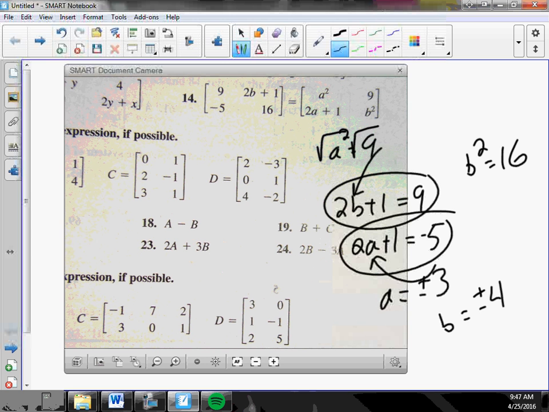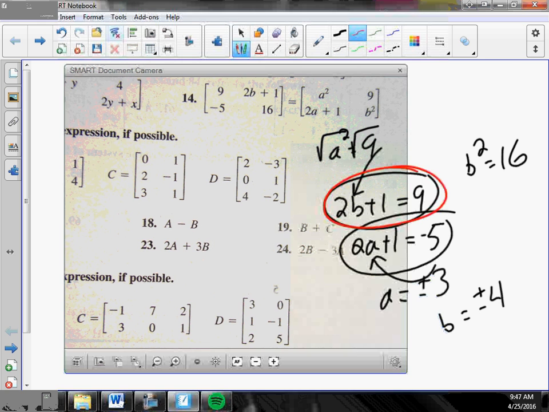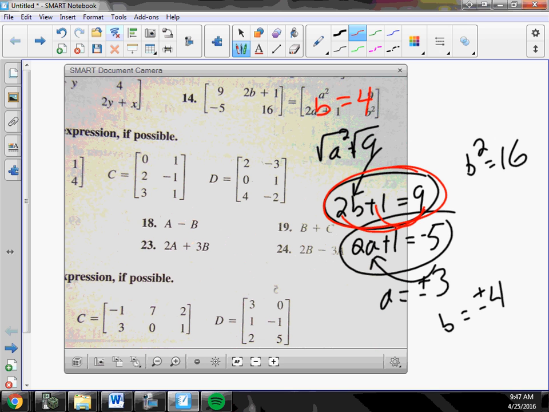It's plus or minus 3 and plus or minus 4. So if I just solved this, I subtract 1, I get 8, divide by 4, I get b, or divide by 2, I get b equals 4. That's one of the answers, as long as it works everywhere. If I solve this, I get a equals negative 3.